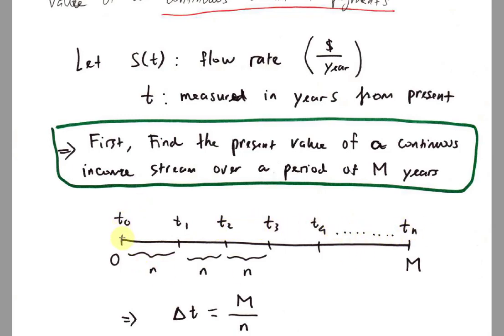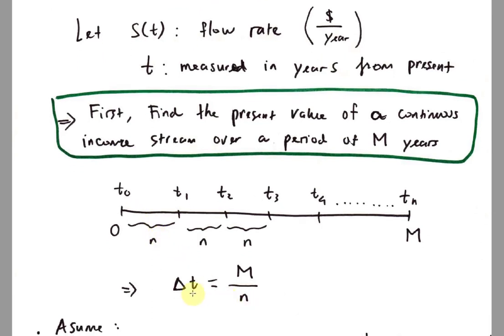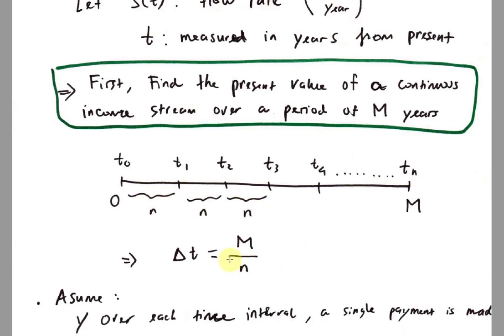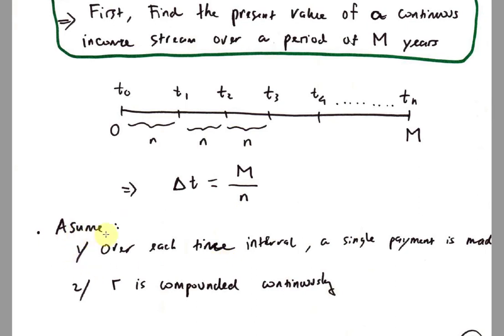So we have the same interval length, and in each interval we have one single payment. Okay, so delta t is m divided by n, the number of sub-intervals, and we assume that over each time interval one payment is made.